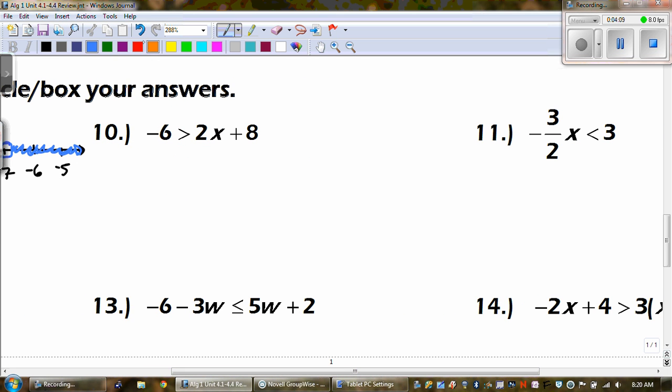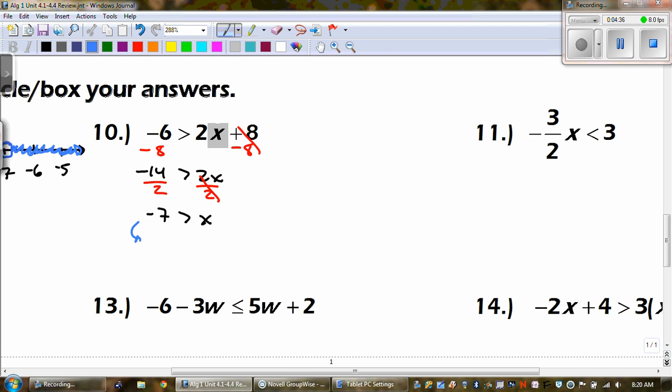All right, number 10. We have to subtract the 8 to both sides because we're solving for that x right there. We get -14 is greater than 2x. To get the x by itself, we have to divide both sides by 2. And we get -7 is greater than x.